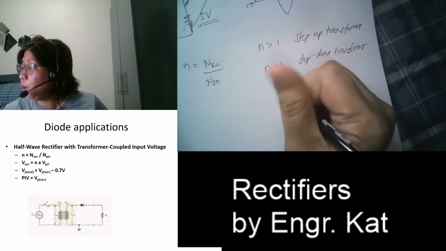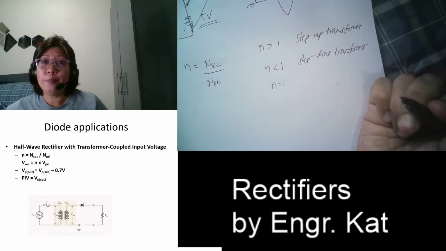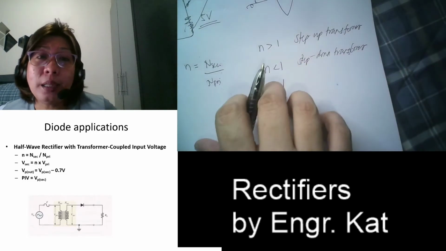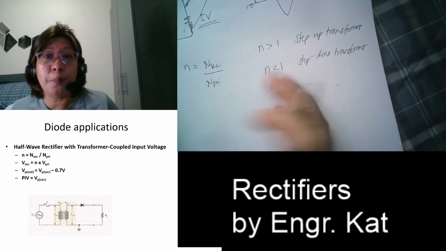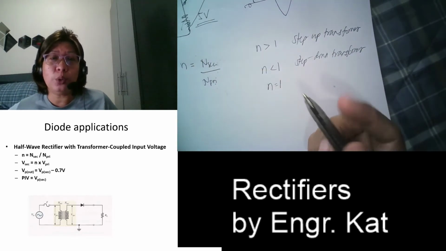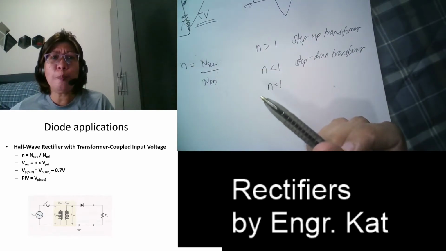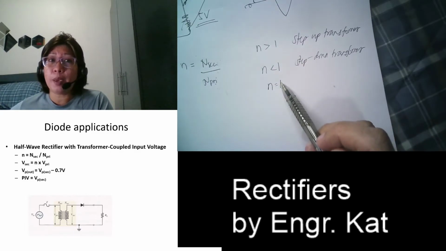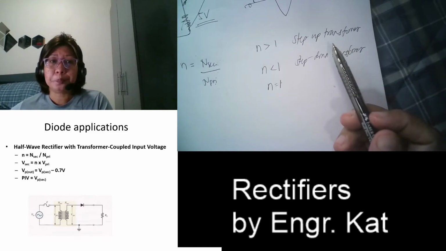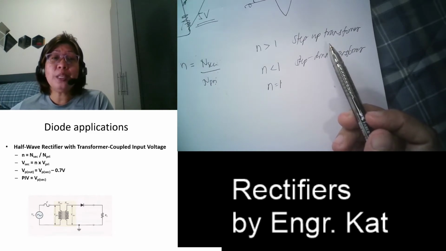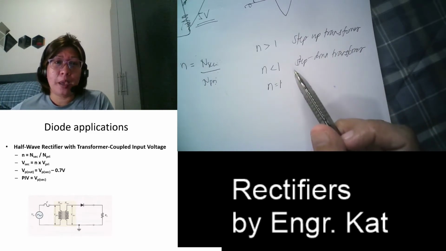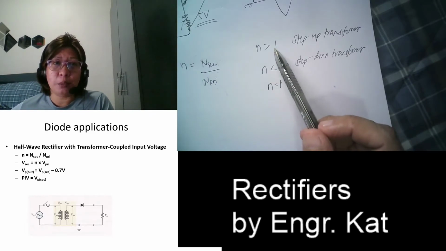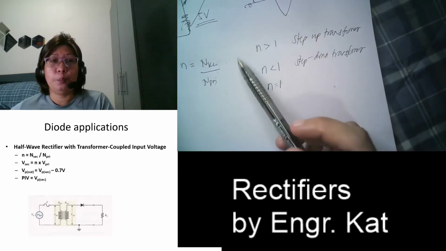And when N is equal to 1, the primary voltage is just equal to the secondary voltage. You might be asking, why will I use a transformer if my primary is just equal to the secondary? For the second reason, safety, because there is an electrical isolation between the input and your output signal.